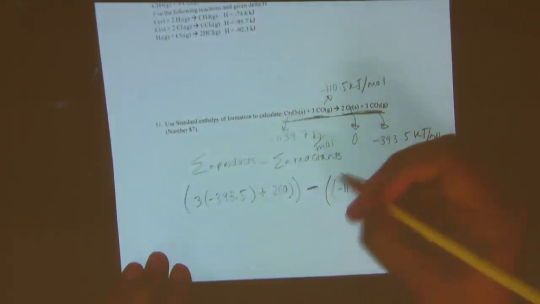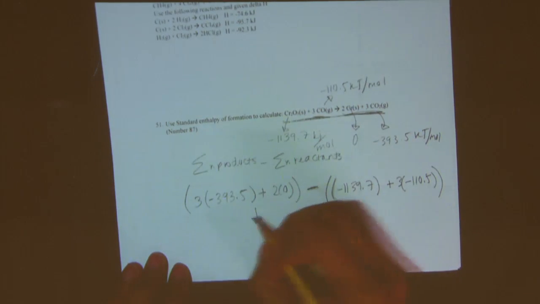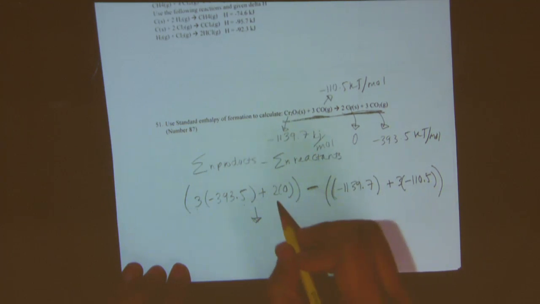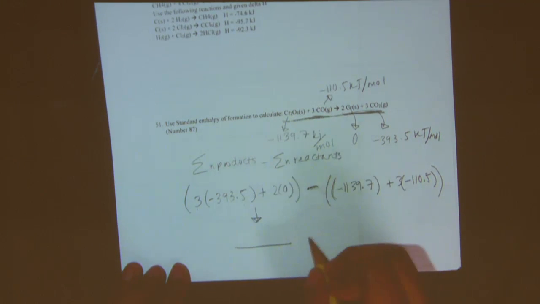Can someone help me calculate this? What do you get on this side? We have 3 times negative 393.5, and this is basically 0, so what is the value here? And then this side as well.